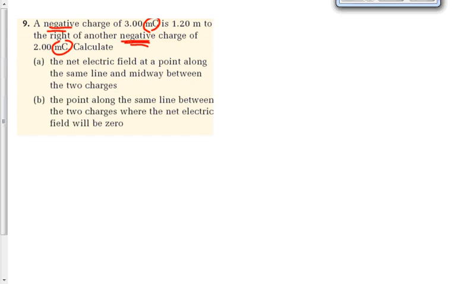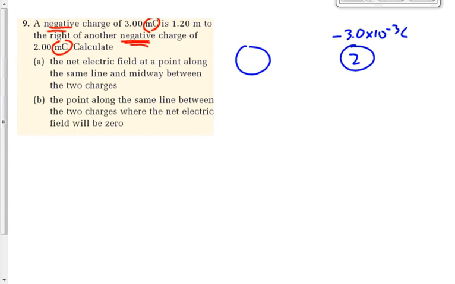So let's draw this out here. We've got charge 2, we'll call it, negative 3.0 times 10 to the minus 3 coulombs, 3 millicoulombs. There's another one that's, we'll call it charge 1. It's negative 2 times 10 to the minus 3 coulombs. And they're 1.20 meters apart. In question A, we want to find the field strength there.